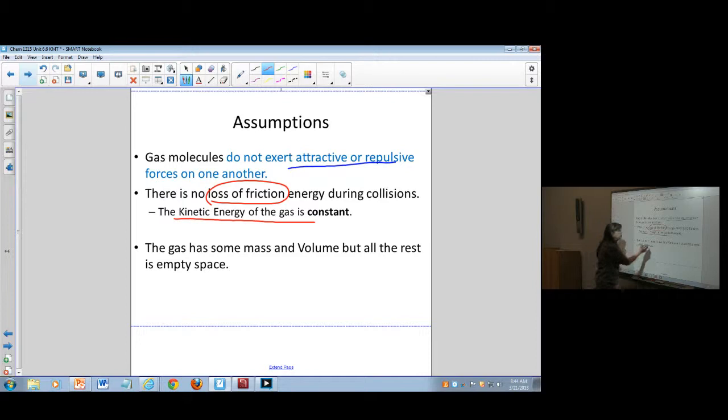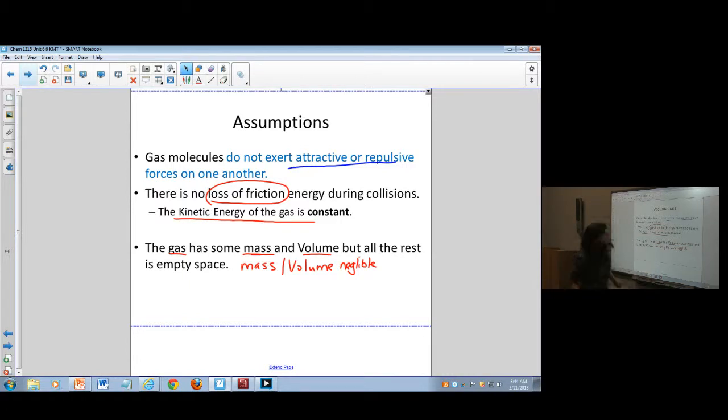And we also have to assume that the gas has some mass and some volume, but everything in between is empty space, and the mass and volume are both negligible compared to the empty space of the container.